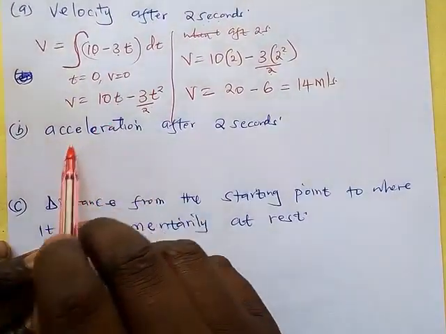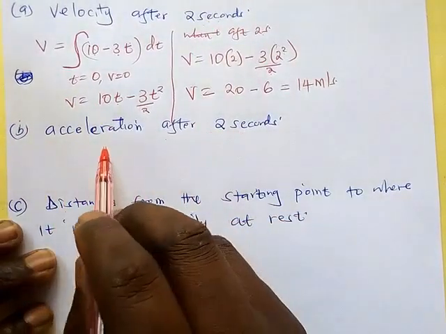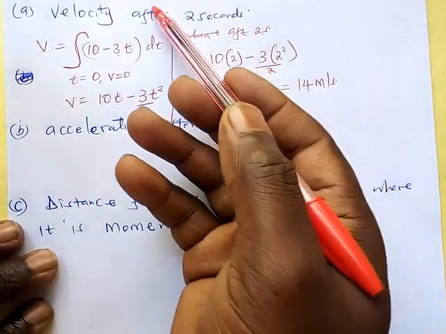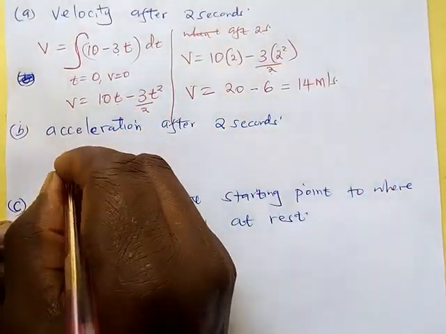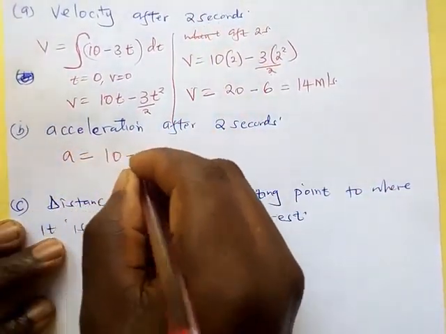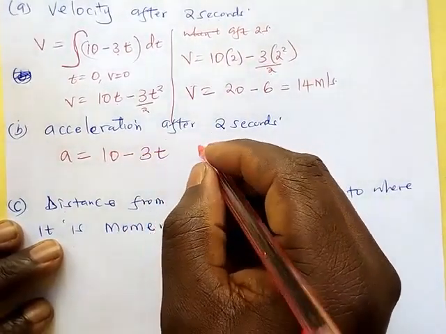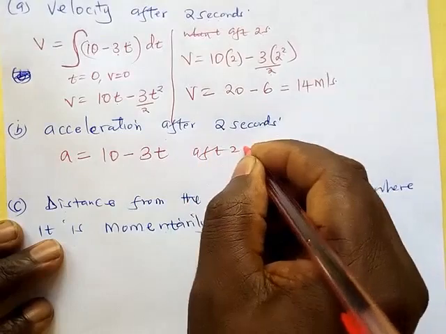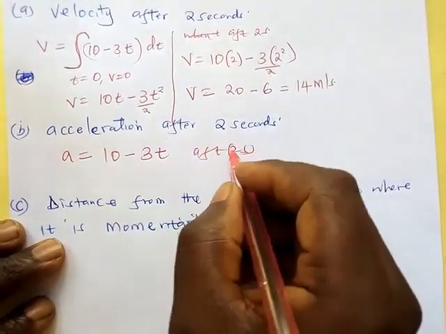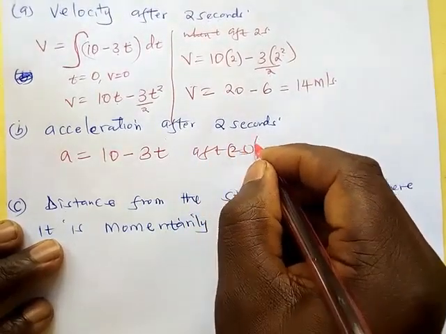Acceleration. Find the acceleration after 2 seconds. We already have acceleration. We know that acceleration is equal to 10 - 3t. So after 2 seconds, we just substitute, because this is time. 2 seconds is t.